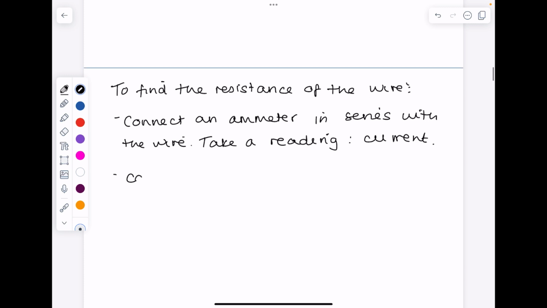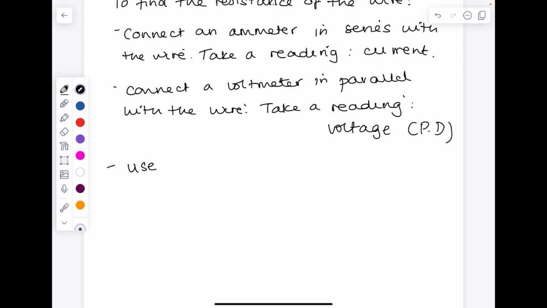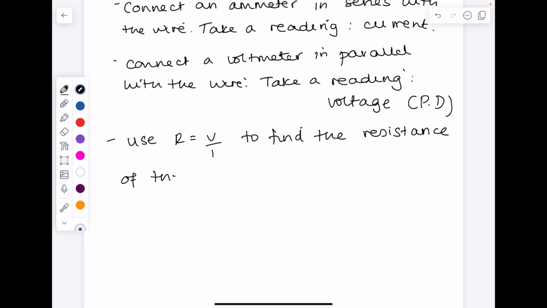Then we need to connect a voltmeter in parallel with the wire. We need to take a reading, and that will tell us the potential difference or voltage. Then we're going to use the equation resistance equals voltage divided by current to find resistance.